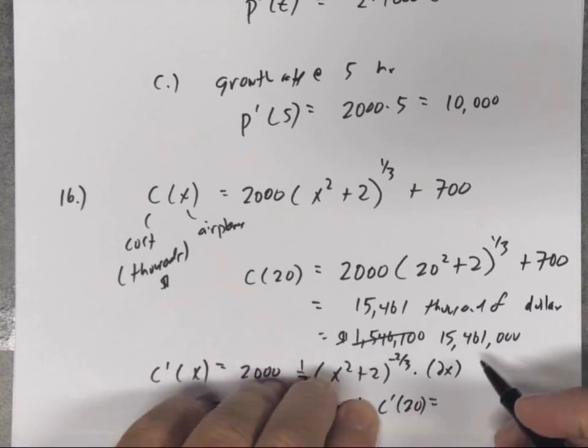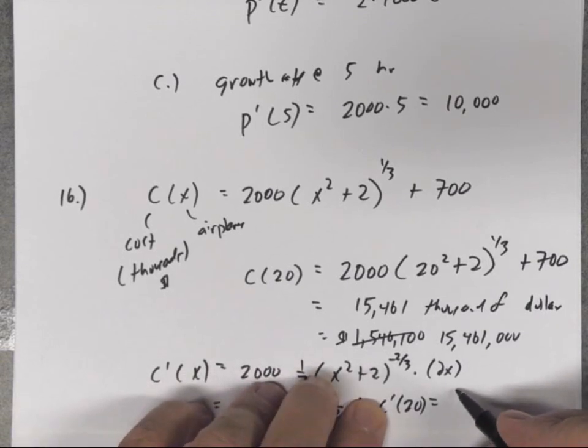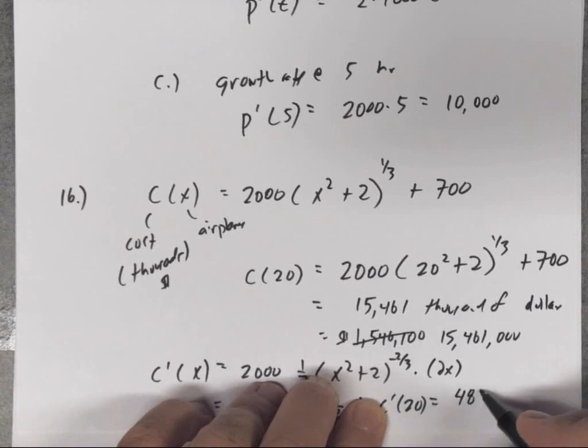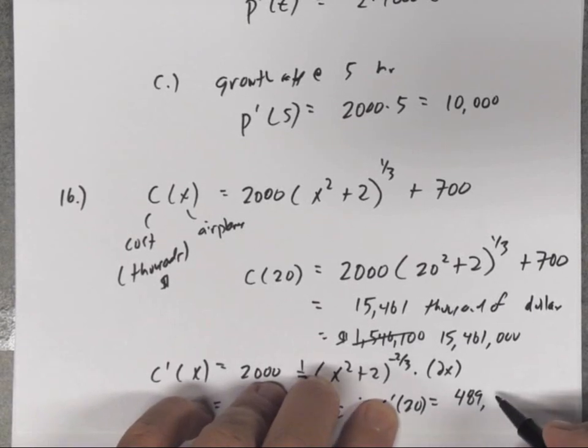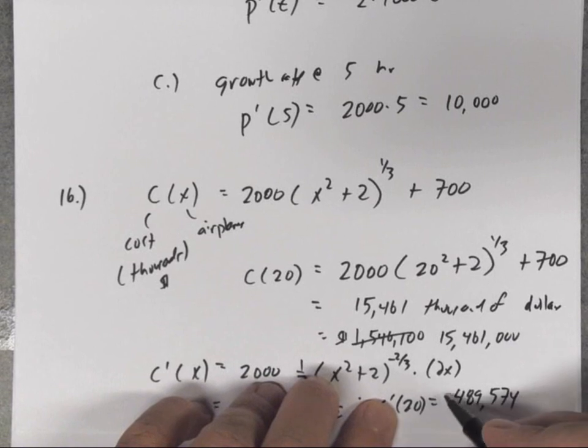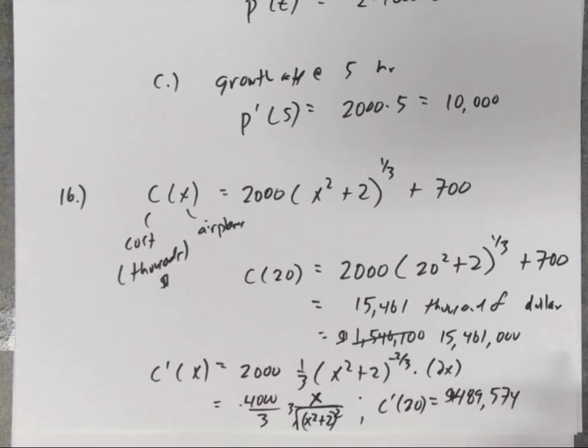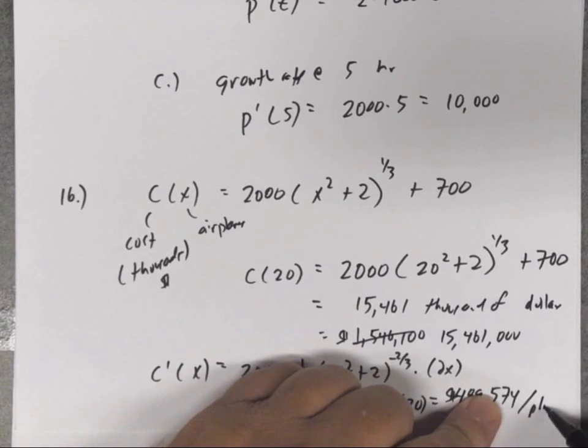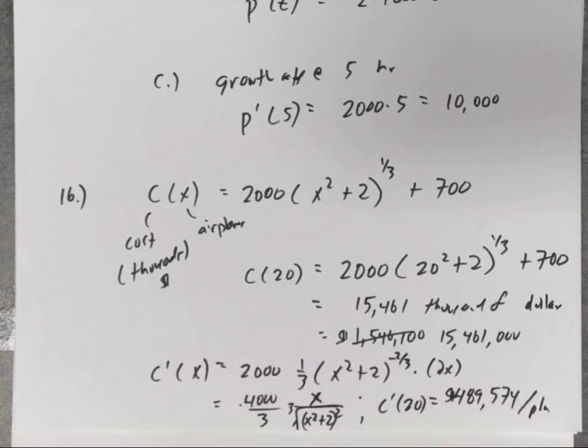And I got, in real dollars, 489,574, like per plane. All right, so those are some story problems. Not too hard. Just be careful with your math. All right, so that completes this review.